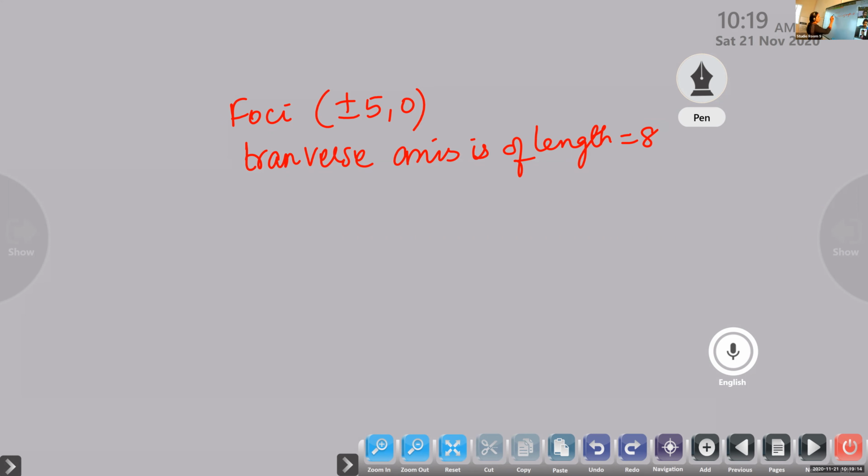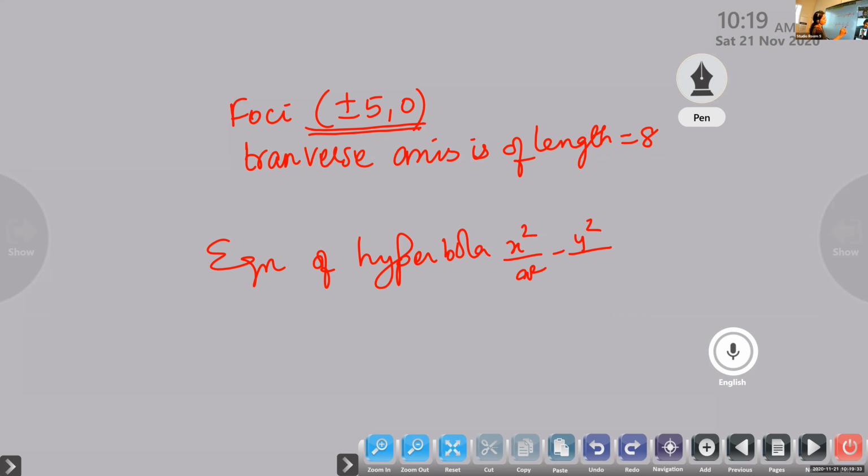So looking at the foci, they lie on the x-axis, isn't it? Therefore, the equation of the hyperbola takes the form x square by a square minus y square by b square is equal to 1.